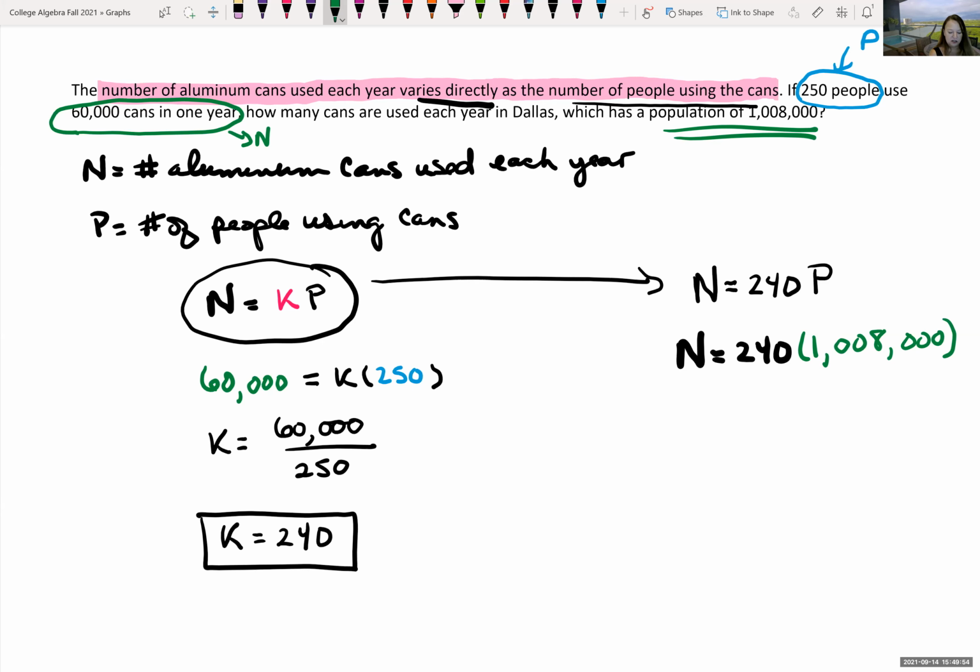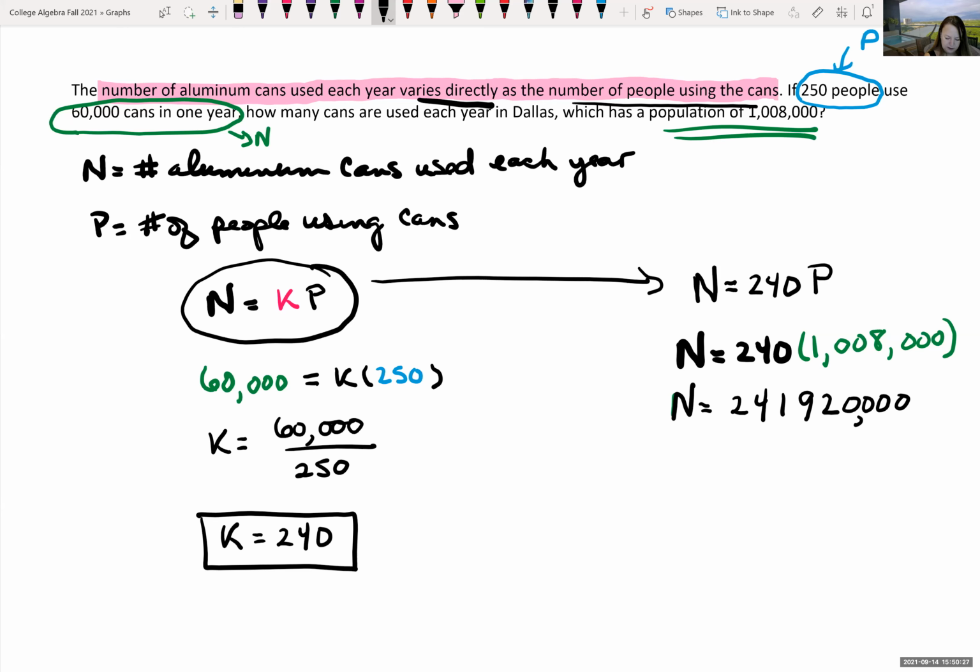So we need to take our 240 and multiply it times the population, 1,008,000. If we do that, the number of cans that we get, we have 2, 4, 1, 9, 2 with 4 zeros.